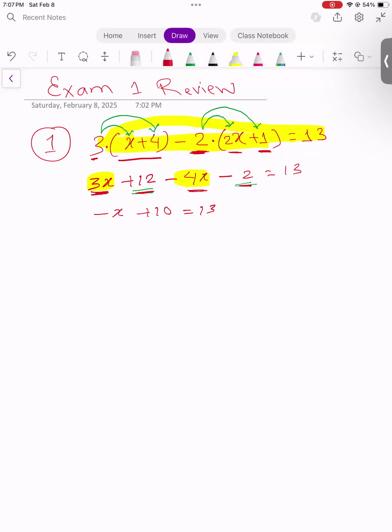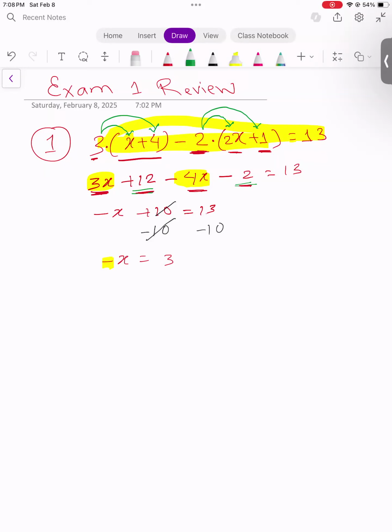Okay, now we get rid of positive 10 from the left side. For that, we subtract 10 on both sides. So positive 10, negative 10 is 0. So we are left with negative x equals 13 minus 10, which is positive 3. We still have a negative with x. We need to get rid of this negative.